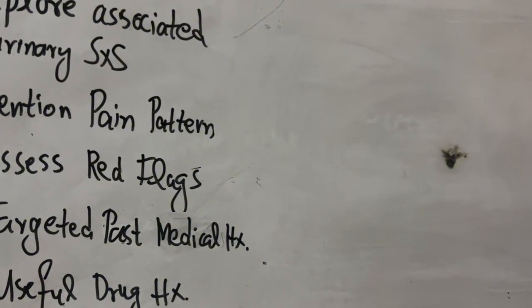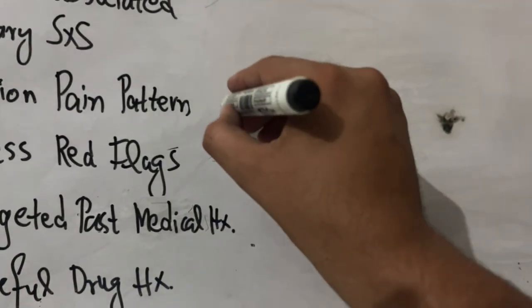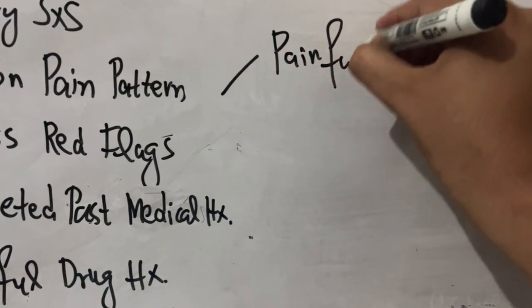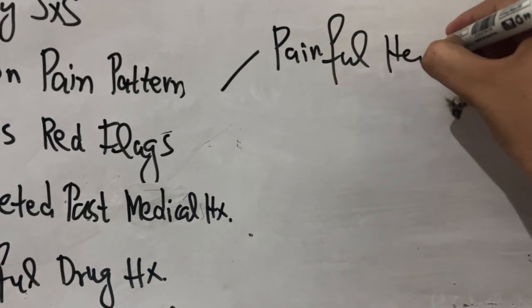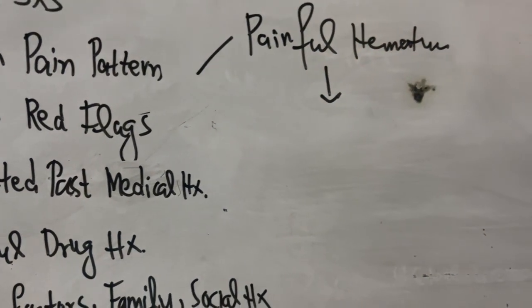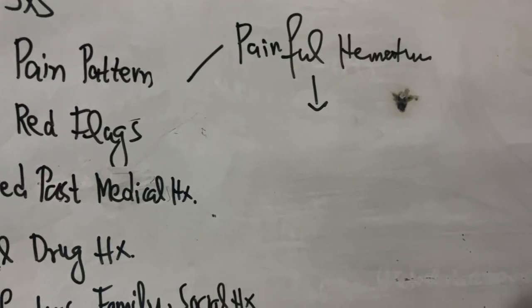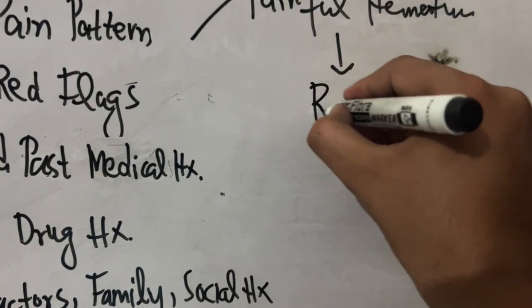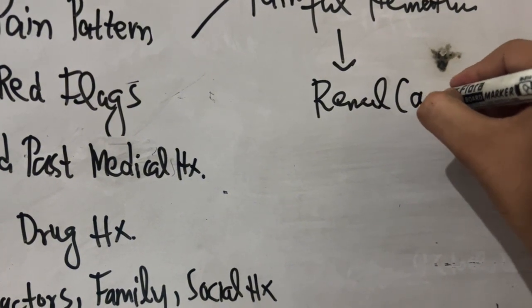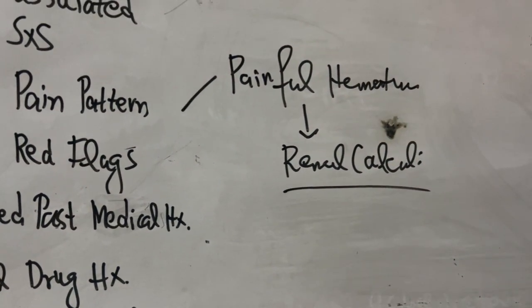If there is painful hematuria, then it suggests infection or renal stones, like renal colic or renal calculi.